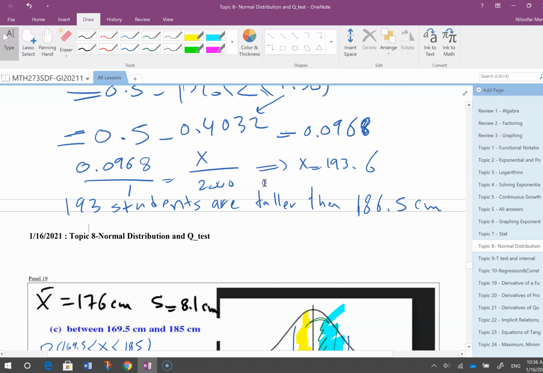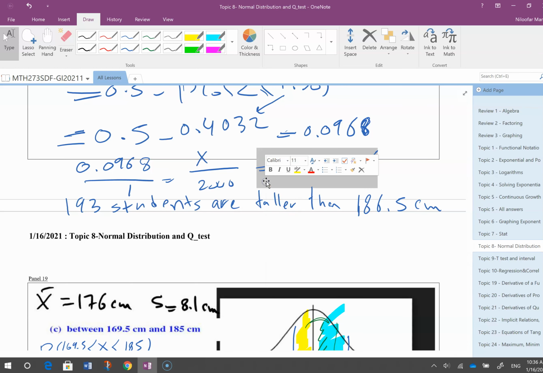Let me see if I have the space here. I can add, yeah, 193 students are taller than 186.5 centimeters.